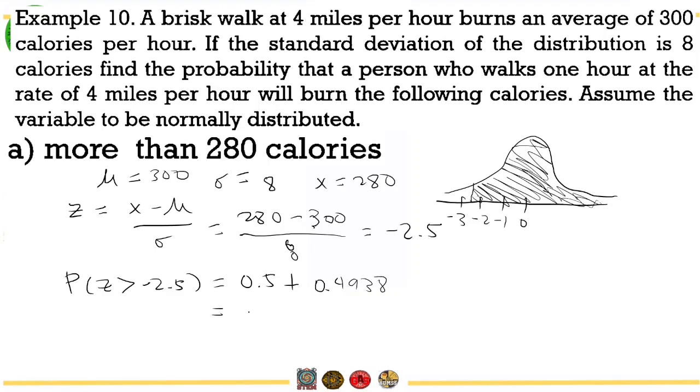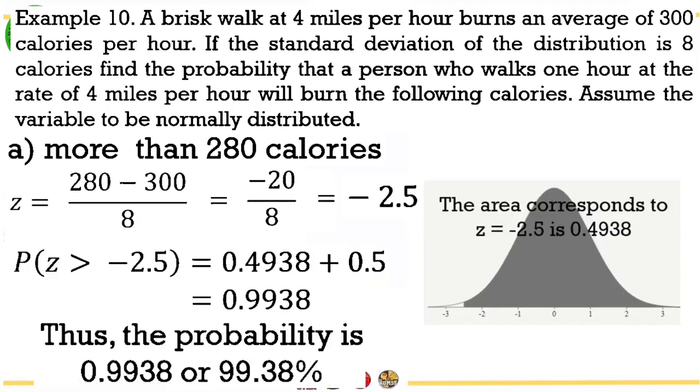So the total area will be 0.9938 or 99.38%. So the probability of a person who walks 1 hour at a rate of 4 miles per hour that will burn more than 280 calories is 0.9938 or 99.38%.